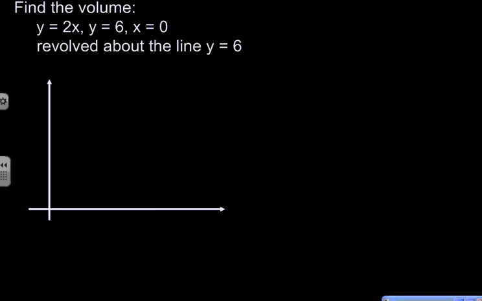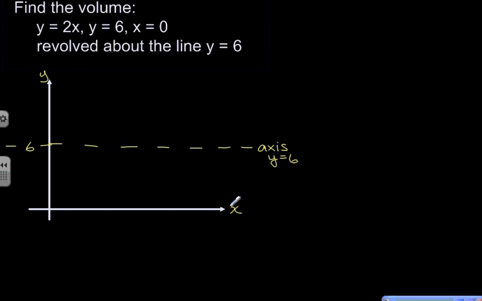So let's start by labeling our x and y axis and then our line of revolution, or our axis of revolution. So here at y equals 6, we have our axis. And now we want to sketch the bounded area.